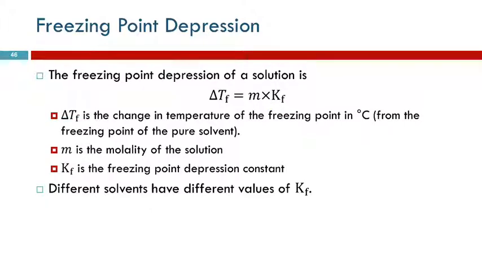That constant is going to be different for each solvent. So you would just look up KF in a table. I don't know anybody who has those memorized. And you find the molality of the solution. It may be given to you. You may have to calculate it. And then you can calculate the change in the freezing point.